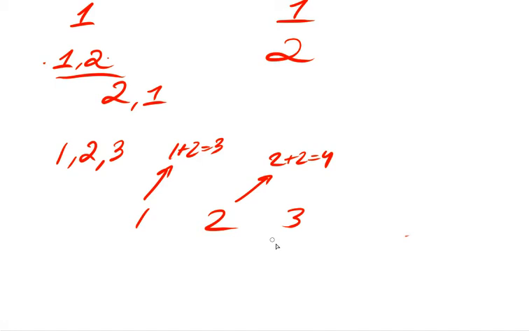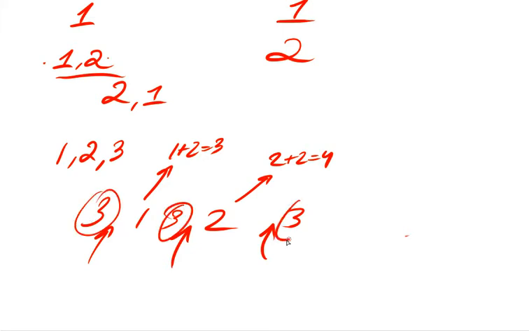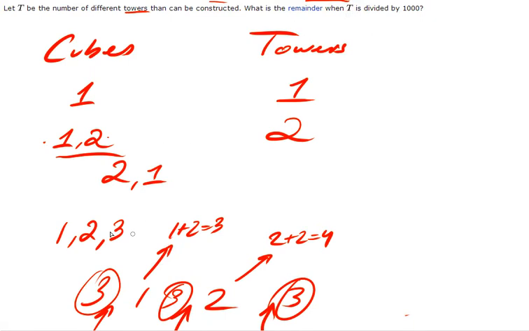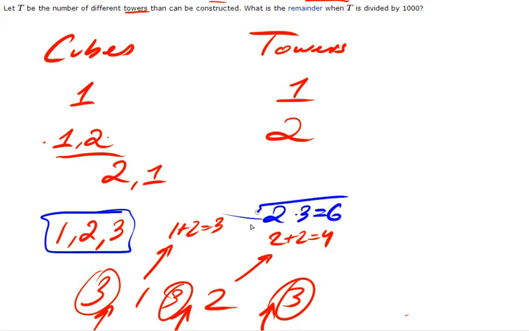So 3 can go here, 3 can go here, 3 can go here, since any cube can go there. So these are 3 possible ways to insert 3 in any permutation of 1 and 2. So the number of ways for this to happen is 2 times 3 equals 6.